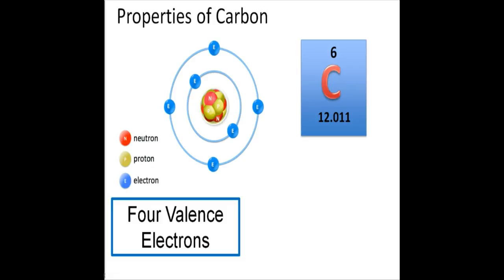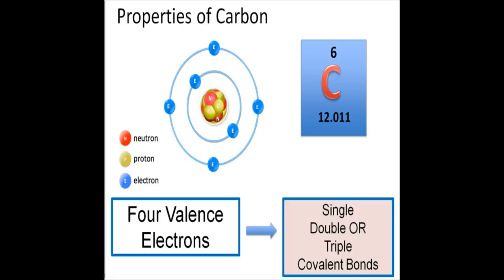These are the electrons in the outermost energy level of the atom. These allow carbon to form single, double, or triple covalent bonds with itself or other non-metal elements. We're going to see covalent bonds with carbon. It's going to form the backbone of all the biomolecules we're going to talk about.